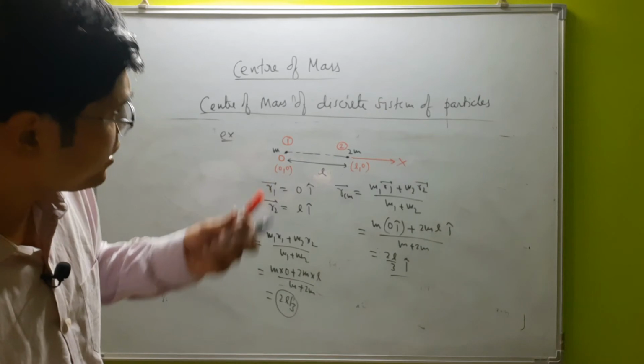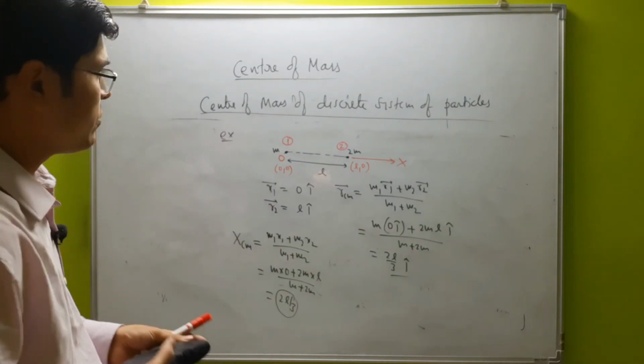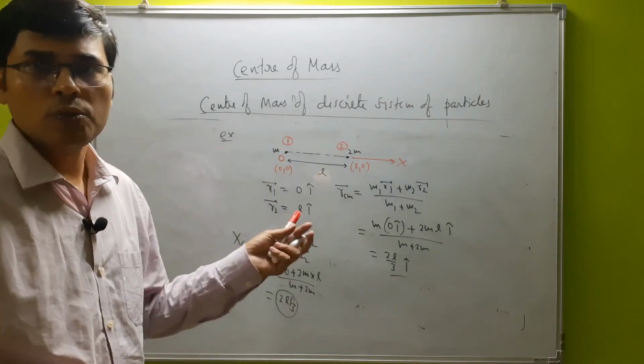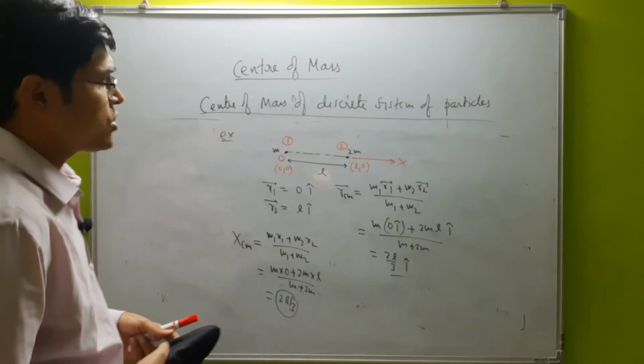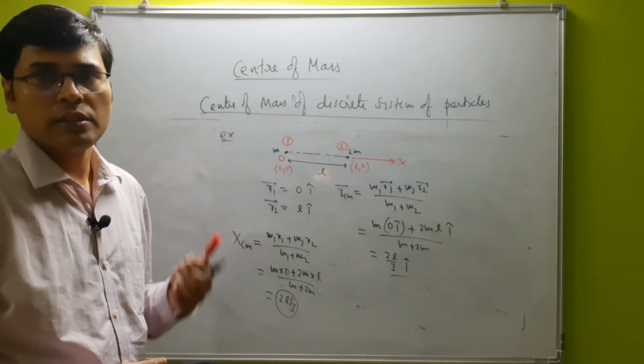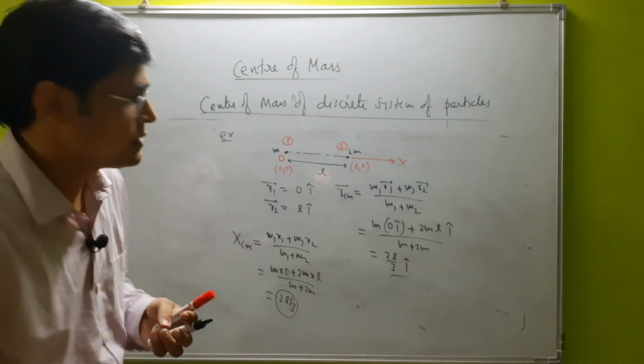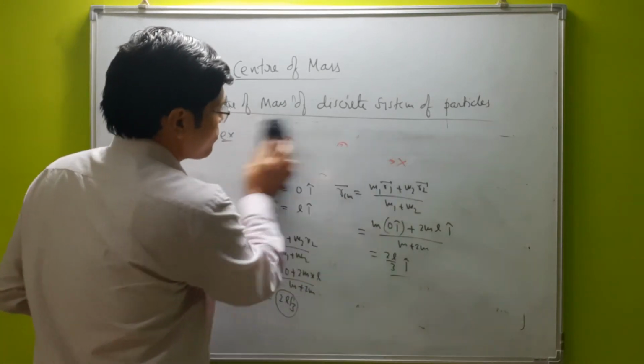So let's take one more example, and I think that will definitely clarify how to calculate the center of mass for a discrete system of particles, right?